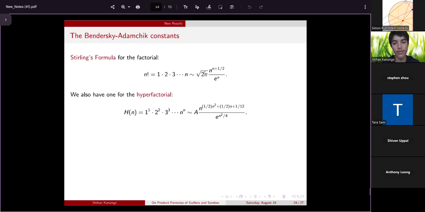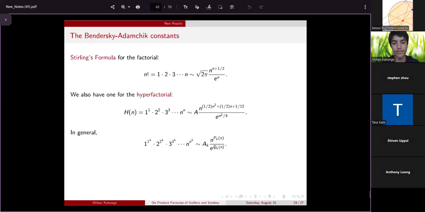Now, if we look at the numbers square root of 2 pi and A, these do seem familiar because they were appearing in our evaluations for the infinite products. And yes, that is indeed what happens. In general, we have 1 to the 1 to the k times 2 to the 2 to the k and so on, grows as Ak, the Bendersky-Adamczyk constants, times n to some polynomial over e to some polynomial.